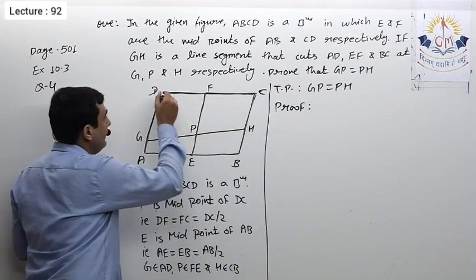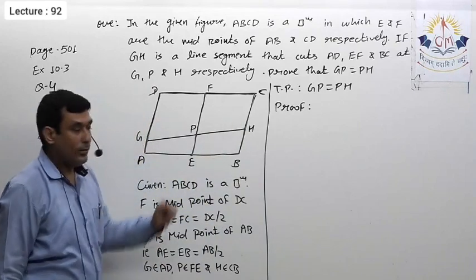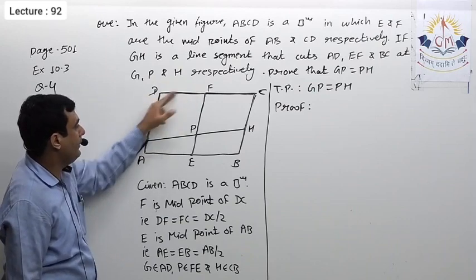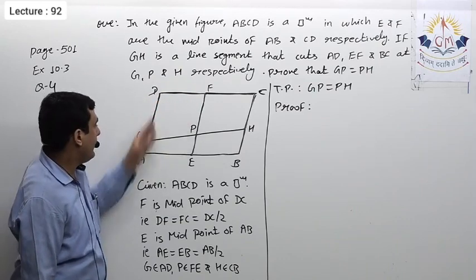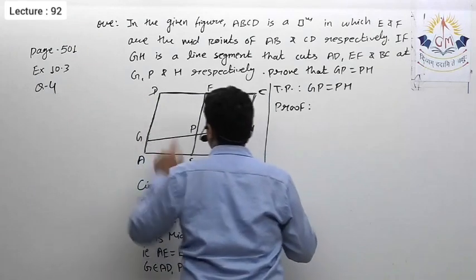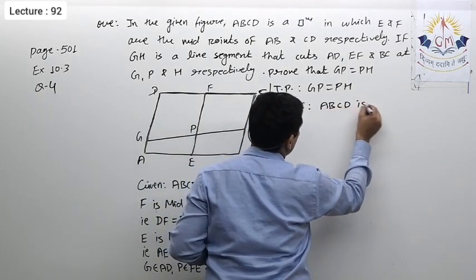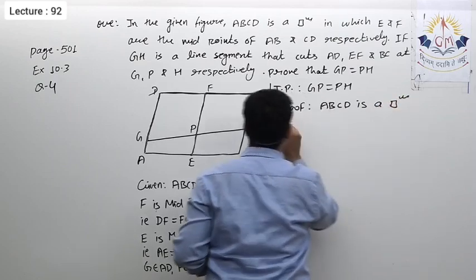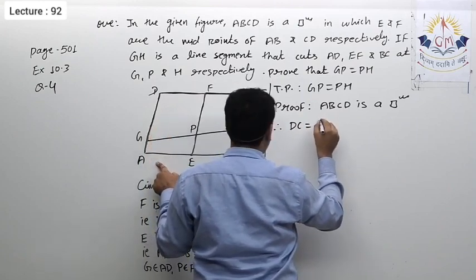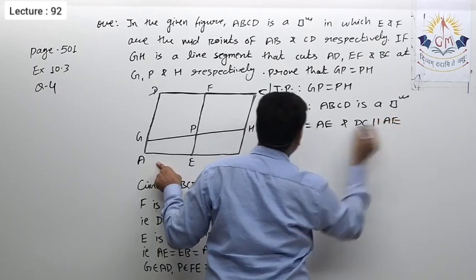See, it is given DC is equal to EB, DC is parallel to EB. So their halves will be equal. So I can say DF equal to AE, DF parallel AE. So this will be a parallelogram, and in a parallelogram, opposite sides are equal. ABCD is a parallelogram. Therefore, I can write DC equal to AB and DC parallel AB.